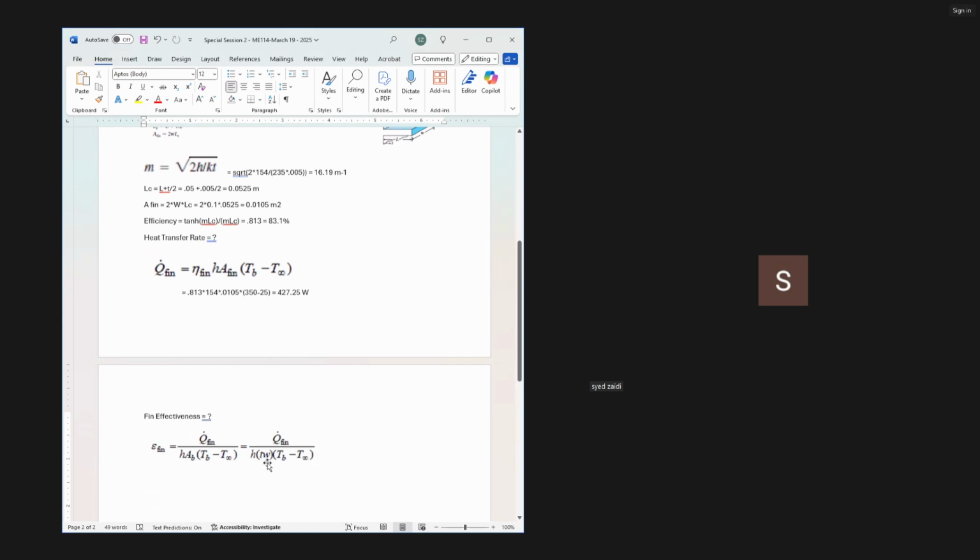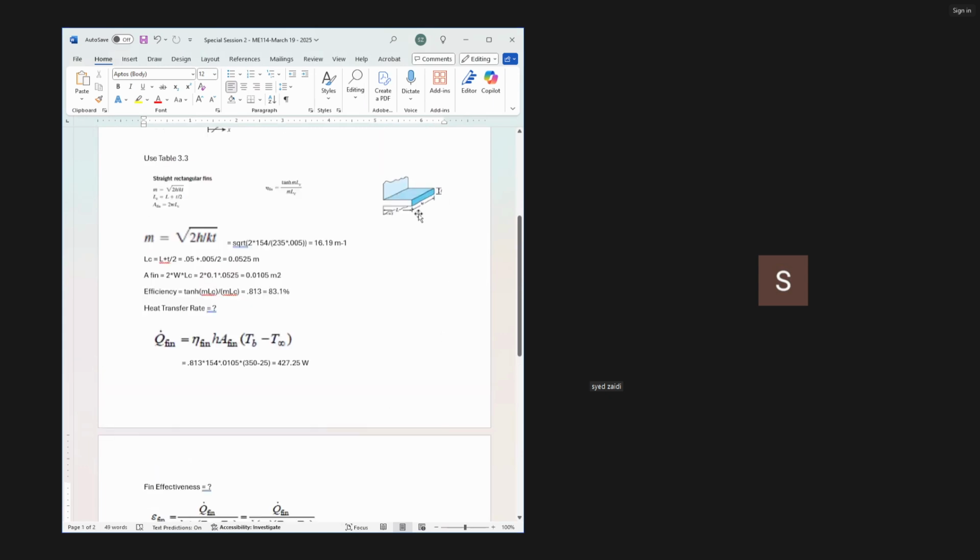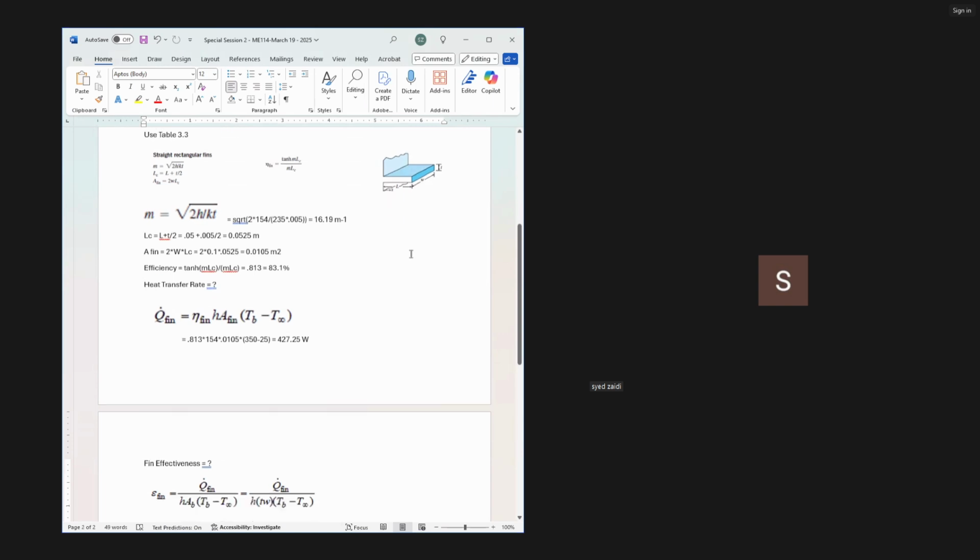The area of base is obviously the width multiplied by the thickness. This is the area of the base here. Base is at 350 degrees centigrade. It's a rectangular fin, so it is the same here and here.